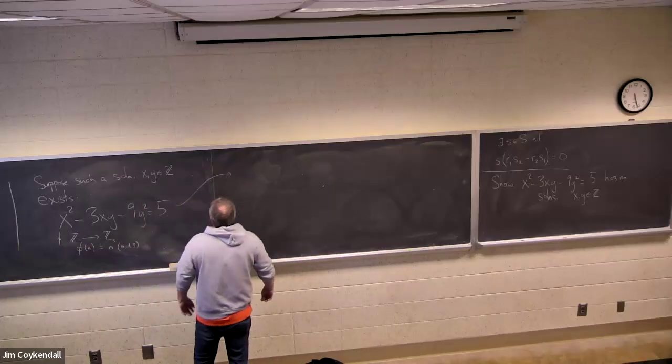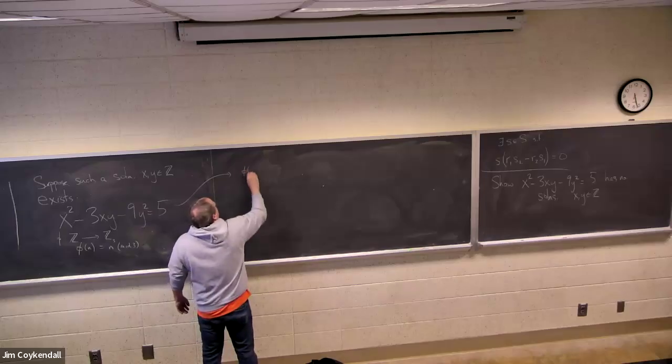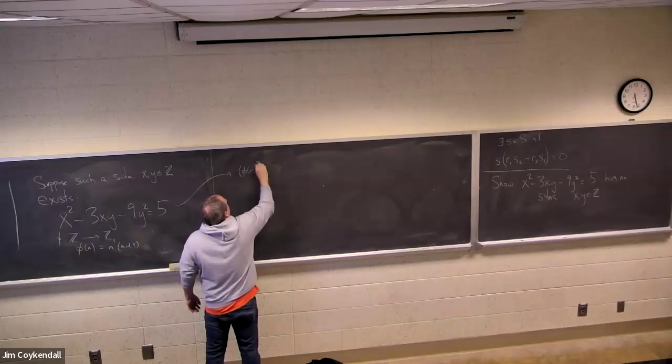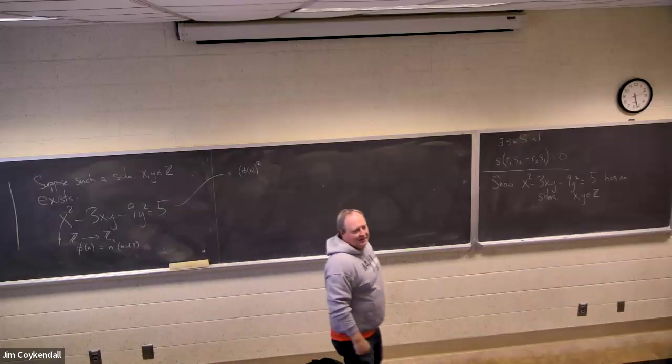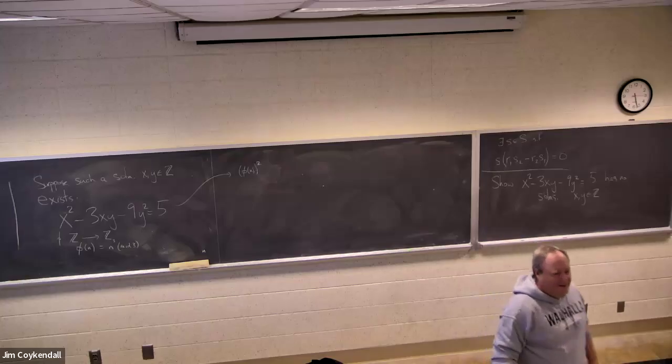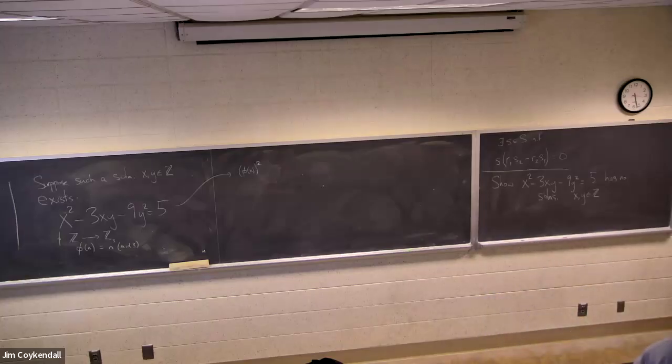Well, this becomes p of x squared. What does this become? What does the homomorphism do to 3? It goes to 0 bar, doesn't it?